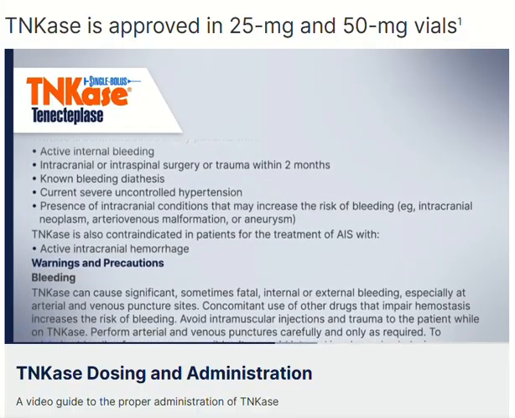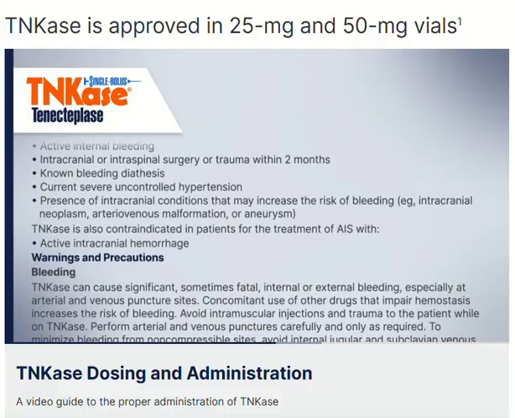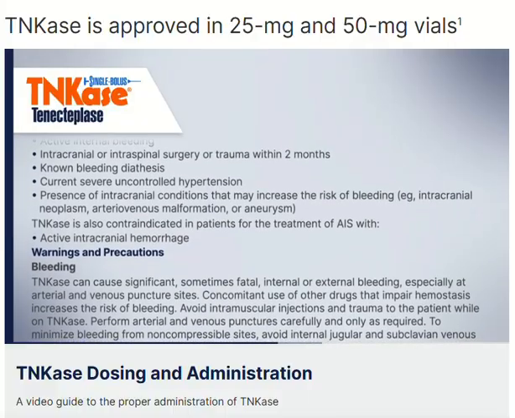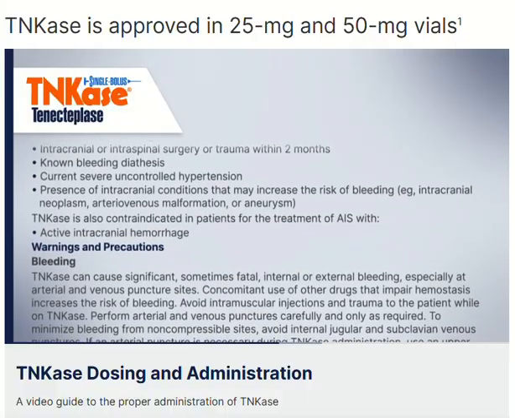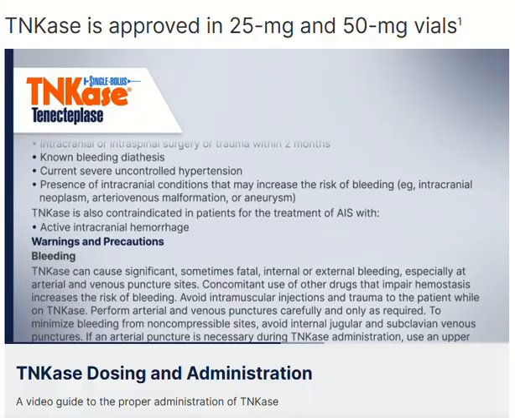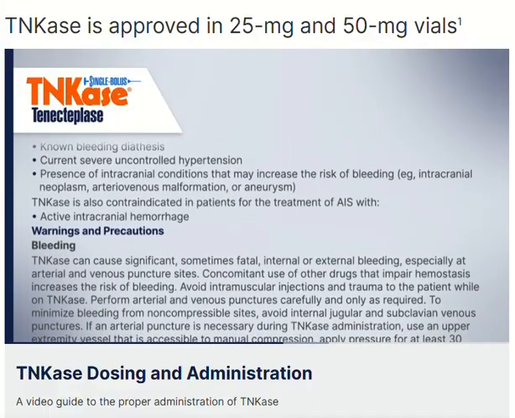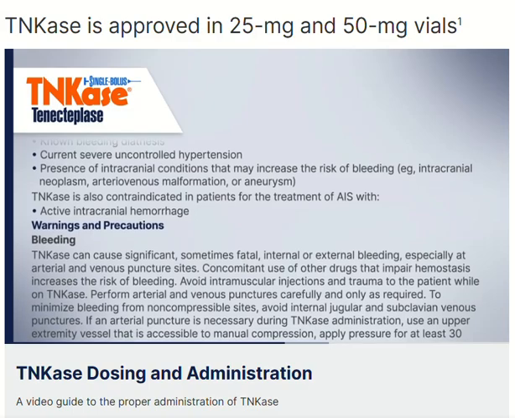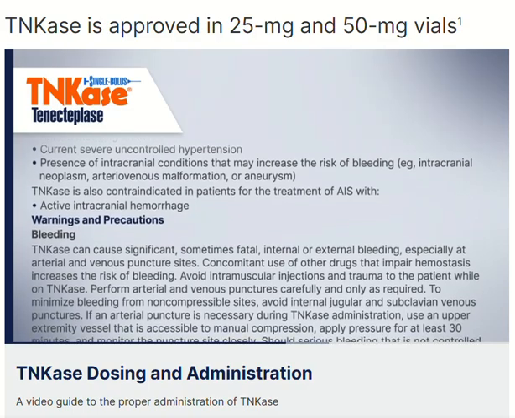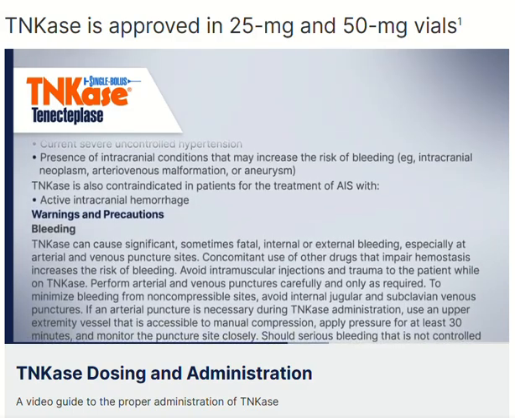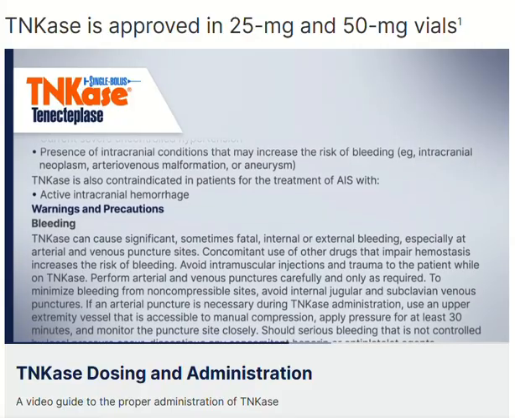Warnings and precautions. Bleeding. TNKase can cause significant, sometimes fatal, internal or external bleeding, especially at arterial and venous puncture sites. Concomitant use of other drugs that impair hemostasis increases the risk of bleeding. Avoid intramuscular injections and trauma to the patient while on TNKase.